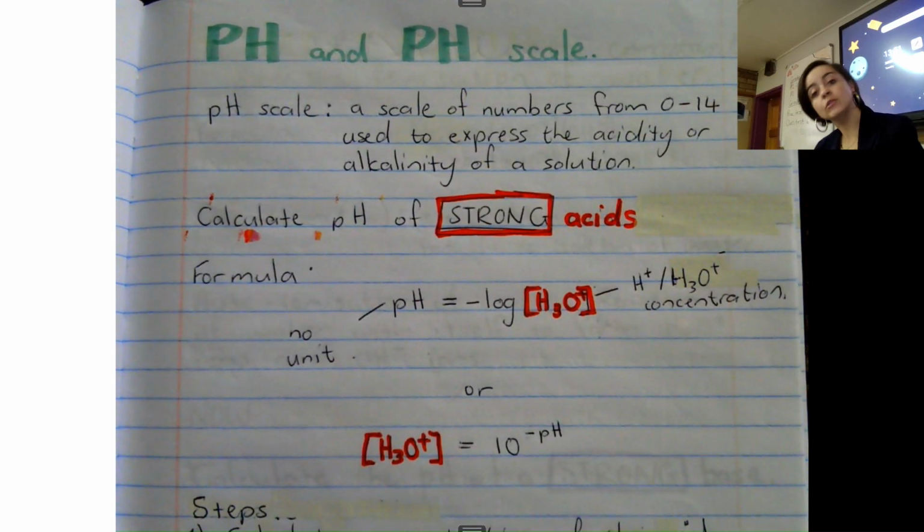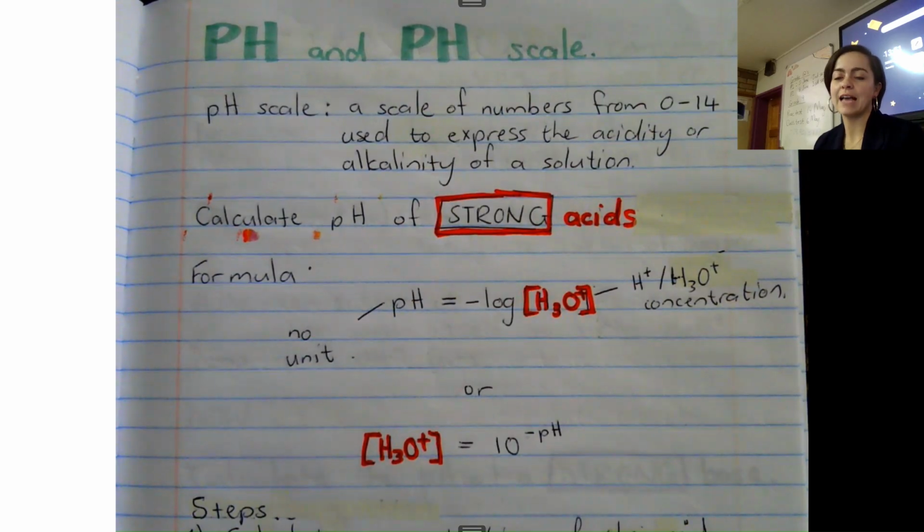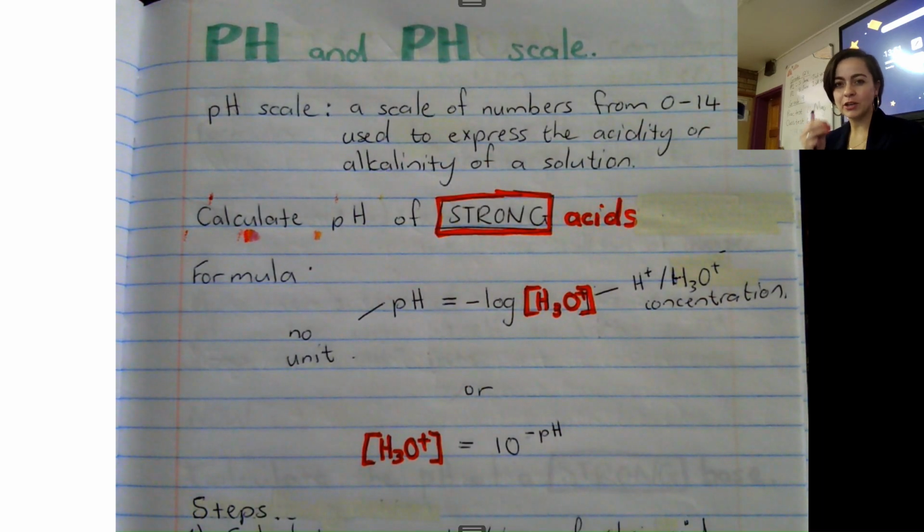Now, how do we calculate the pH? The method we're going to be first looking at is specifically for strong acids. All right. Why strong acids? Because we're working on the premise that strong acids ionize completely. So these steps can be used only because strong acids ionize completely. Okay.